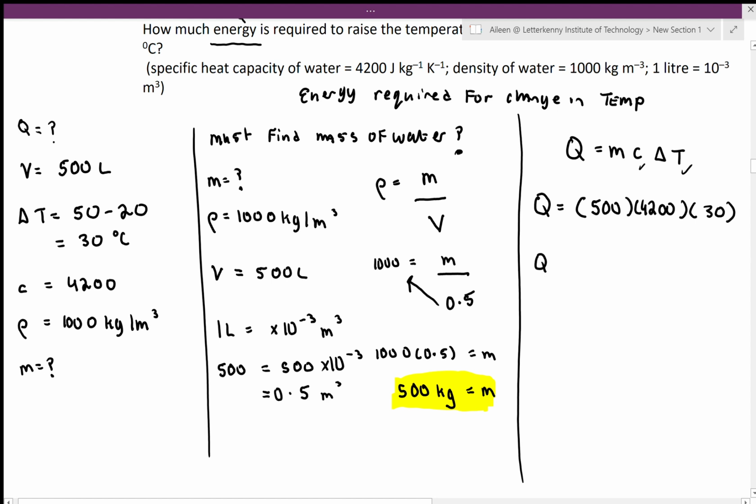And substituting all of this into my calculator gives me my final value of 63 million, or we can write this as 6.3 by 10 to the power of 7 if we prefer. Okay, please pause and take down this example.